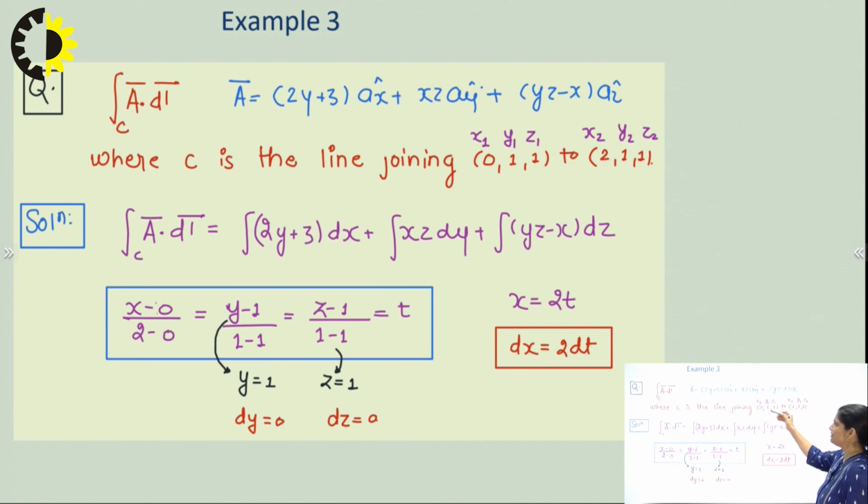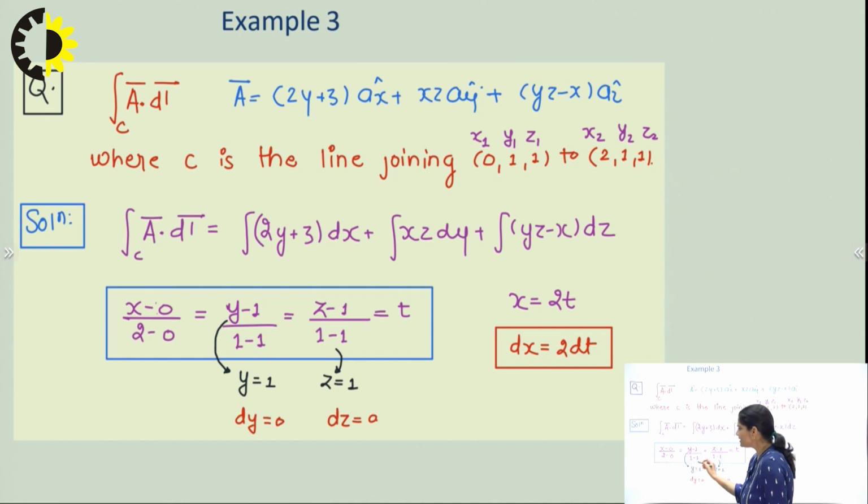Now you have the given points x1, y1, z1 and x2, y2, z2. Write it like this: x minus x1 upon x2 minus x1 is equal to y minus y1 upon y2 minus y1, equal to z minus z1 upon z2 minus z1, equal to t. You can see here the denominator is equal to 0.